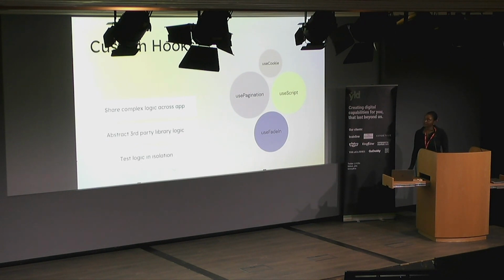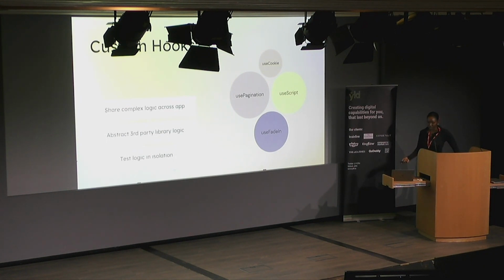These allow you to basically create specific functionality or specific functions for specific purposes within your app. So if you want to share complex logic across your application, or if you have a third-party library that you're integrating with, and you want to avoid, say, new developers having to understand how those libraries work, you would just abstract that logic away inside a custom hook, and nobody needs to know how the third-party library is working.